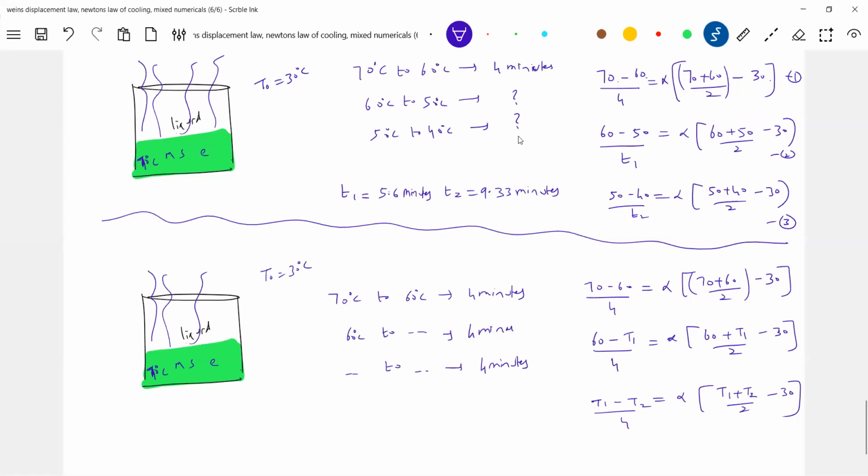That substituting here will get the T2. Anybody value T1, T2? T1 52.5.